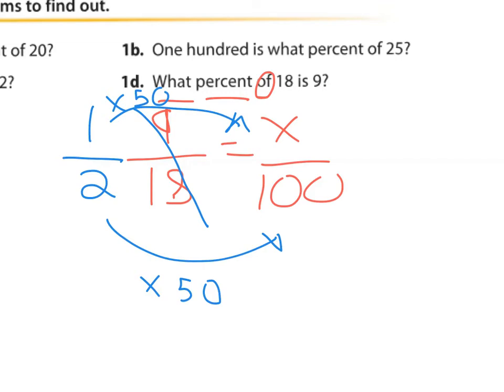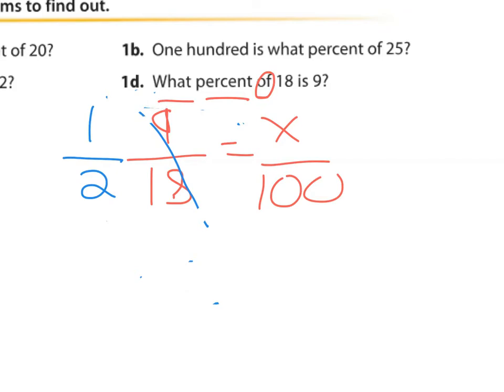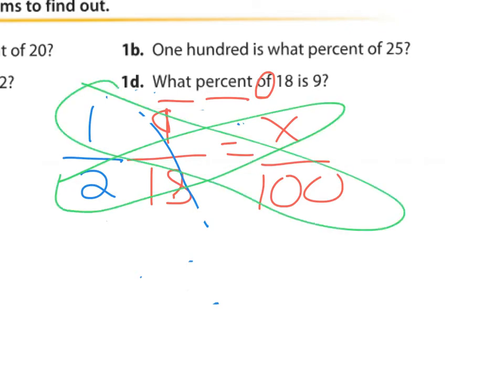If that's not the way you want to do it, and you always want to use the cross product method, which is always very reliable, it works, it's effective, then go ahead and do that. That means you would have to multiply 2 times x and 1 times 100. So you would get 2x equals 100.